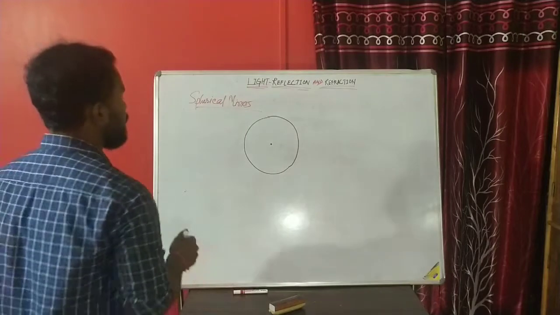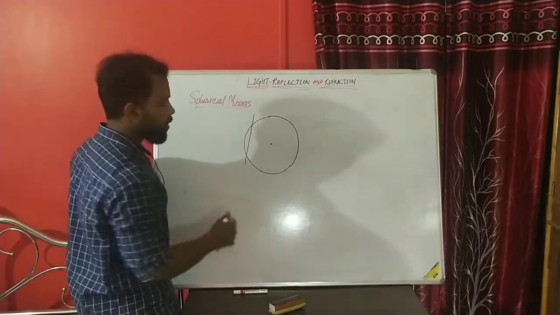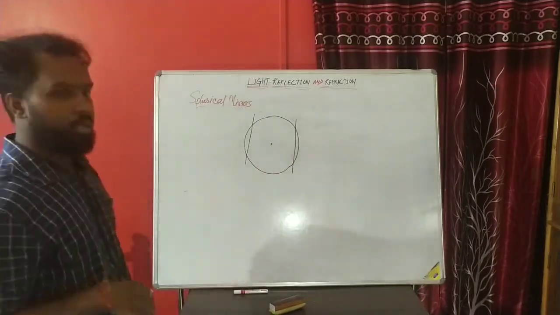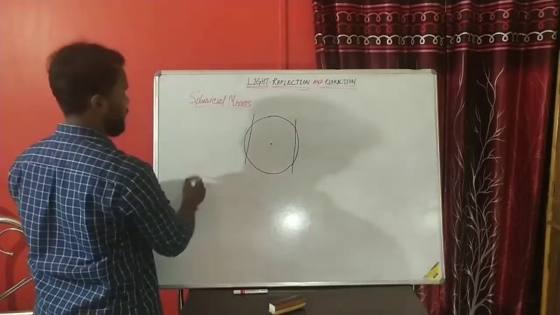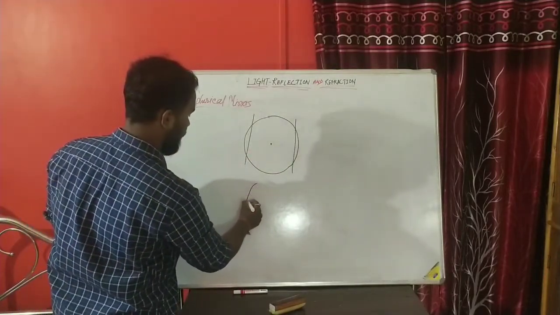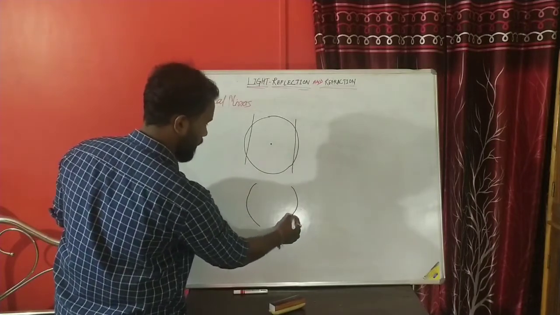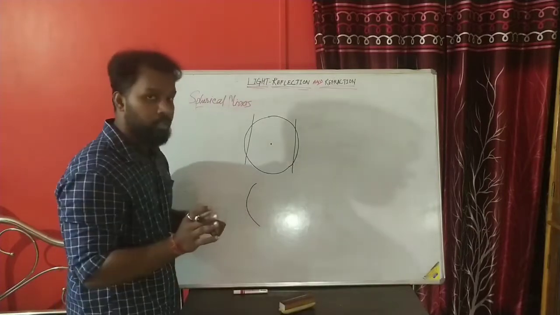Now what we will do, we will cut this sphere from this side, and we'll cut this from this side. Now we will separate these two parts. One will look like this, and the other part will look like this.